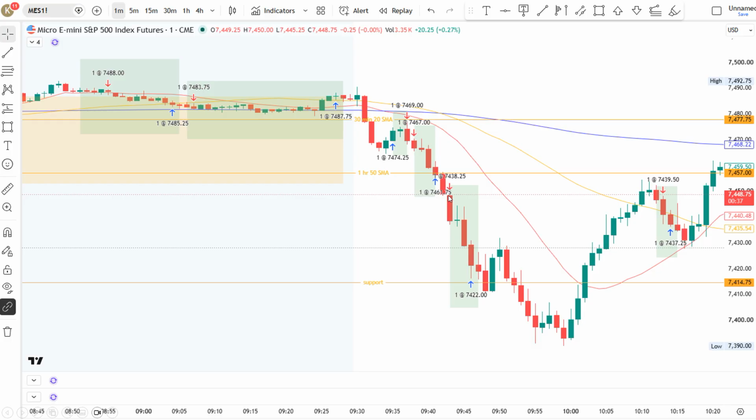So I got into a short, waited through this point. I think I had maybe put it down to break even. I'm not sure how I played that out, but it continued to drop, and I think I made like $80 on that trade, if I'm not mistaken. So that was an incredible trade.